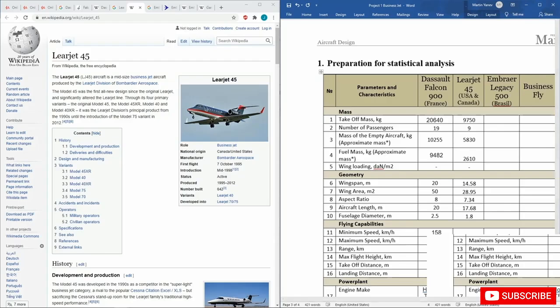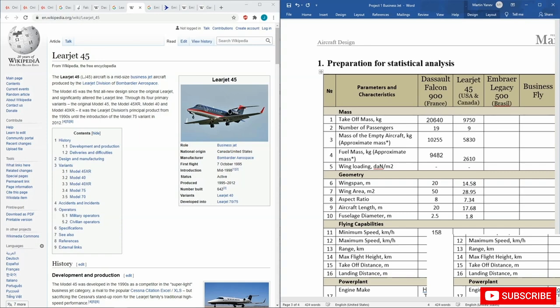Then the aircraft has different ranges depending on the passengers on it, but for 8 passengers, okay, I found that it could fly over 3,500 kilometers, actually 3,519 to be exact. Then the maximum height of the flight for 8 passengers was 13 kilometers.